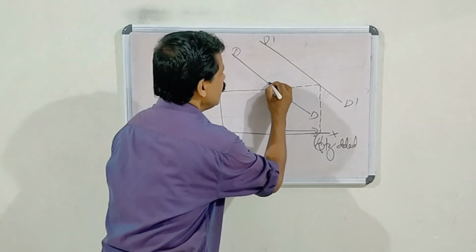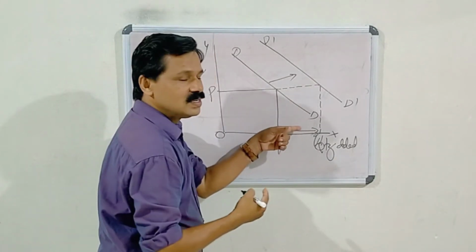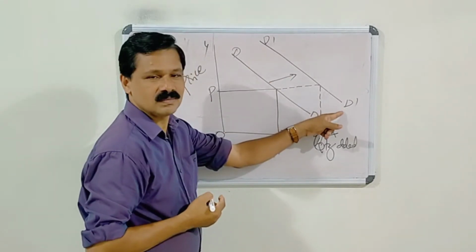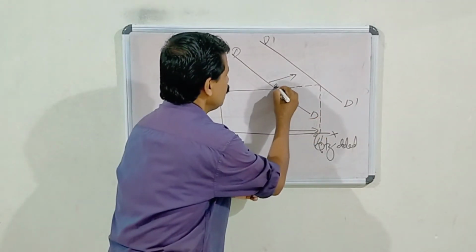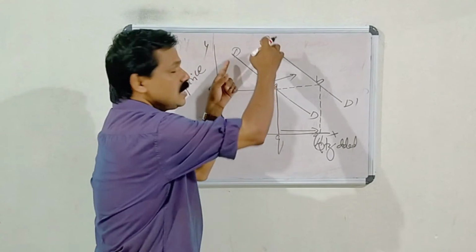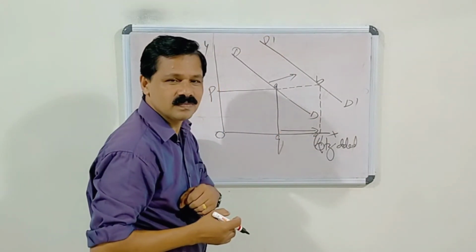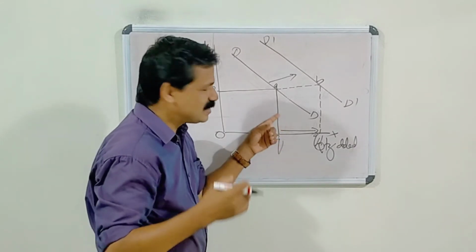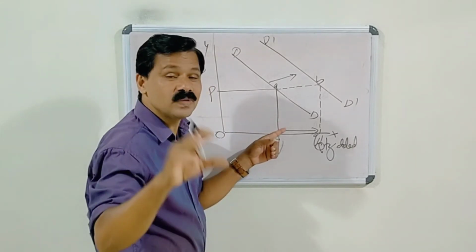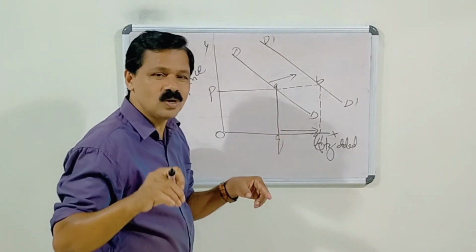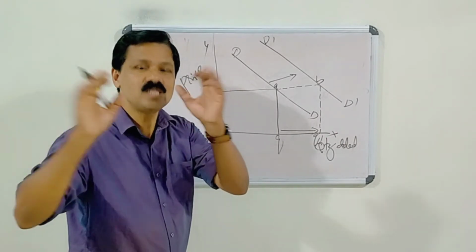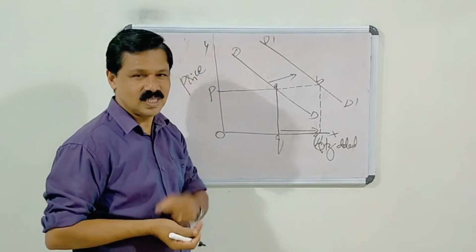Here the original demand curve DD shifts to D1D1. The distance between DD and D1D1 represents the actual change in the quantity of that commodity which is demanded consequent upon non-price factors. This is the point to be noted.